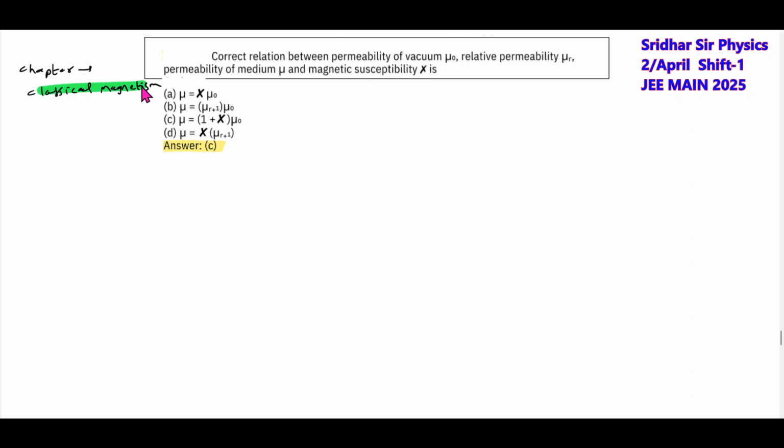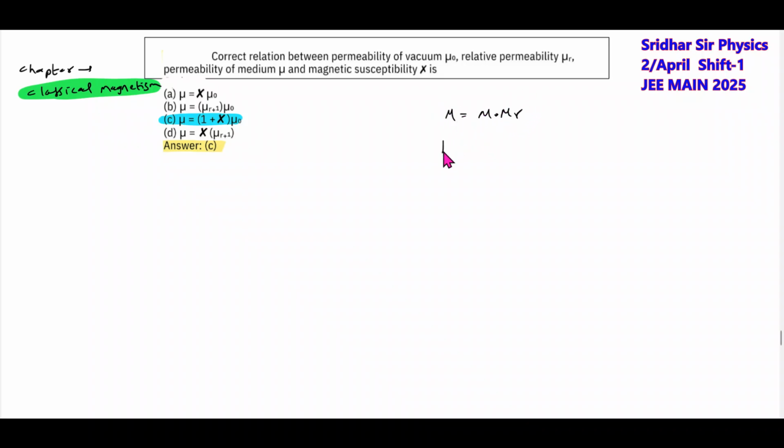This is a question based on classical magnetism. The relationship between permeability of vacuum mu naught, relative permeability mu r, permeability of medium, and magnetic susceptibility. These are the equations asked. So this will be just definition based. The permeability of medium is equal to how much? 1 plus susceptibility chi into mu naught, where mu is that of the medium, and mu will be equal to mu naught into mu r.